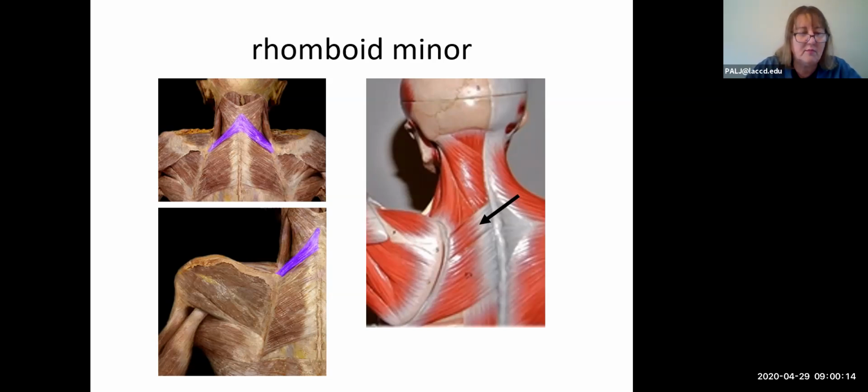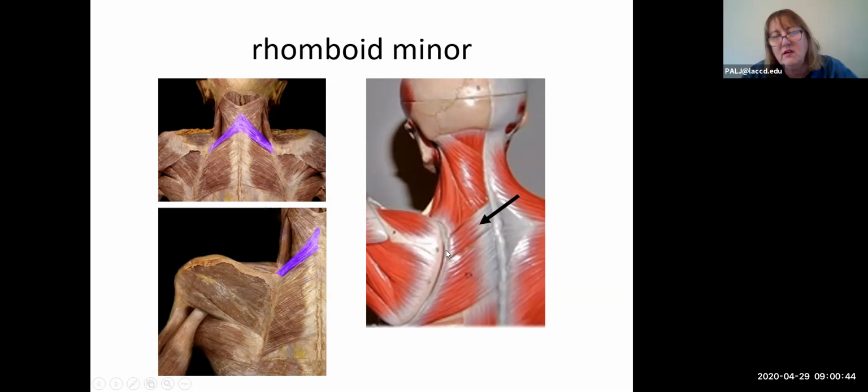So this is the rhomboid minor muscle, which has the exact same action. Now there's one more muscle that has an origin very close to these. So if you look at the model and you find the medial aspect of the scapula, the first muscle on the medial aspect was the large rhomboid major. Then we have the smaller rhomboid minor.